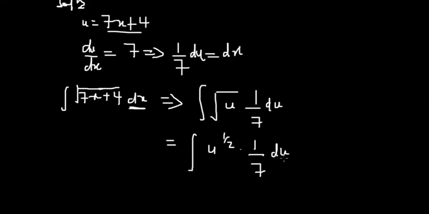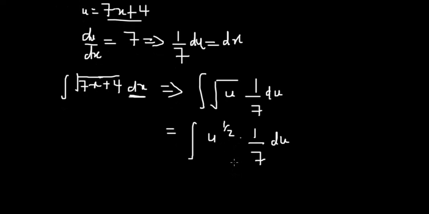Very, very simple. Now you can integrate. When we integrate u exponent 1 over 2, you end up with u exponent 3 on 2, and you multiply that by 1 over 3 on 2.